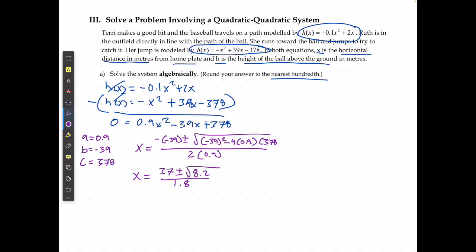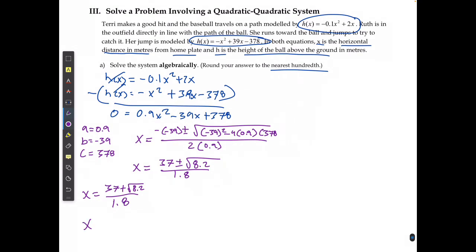Either I'm going to say x is equal to 37 plus the square root of 8.2 over 1.8, which would give me x is equal to 22.15.